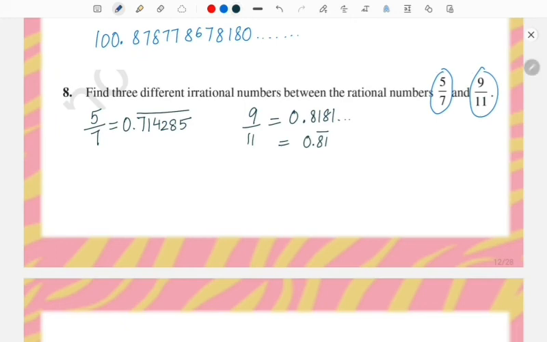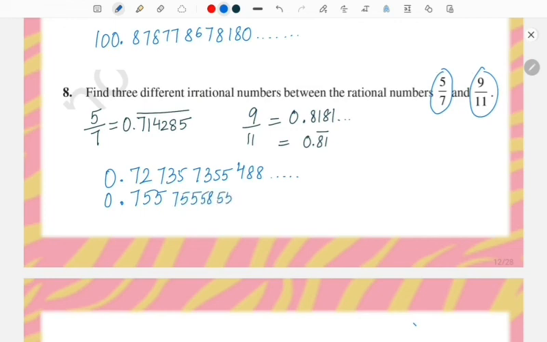Let's start. 0.72735 7355 488 and so on. It is an irrational number. You can give another example as 0.755 7555 855 with dots again.